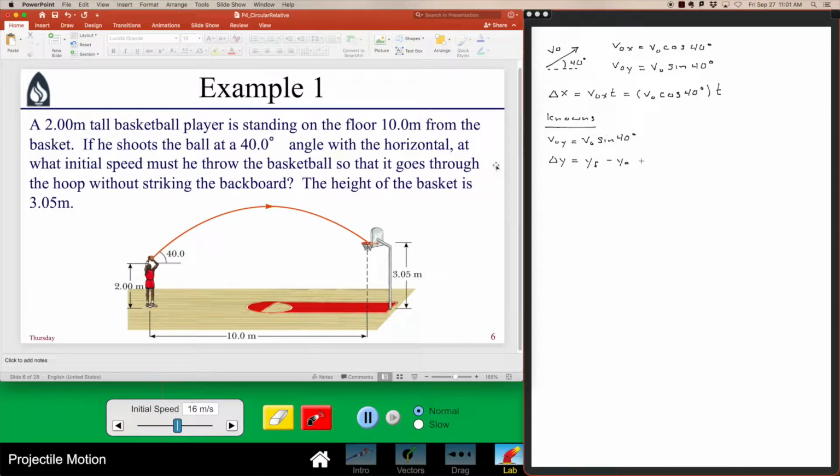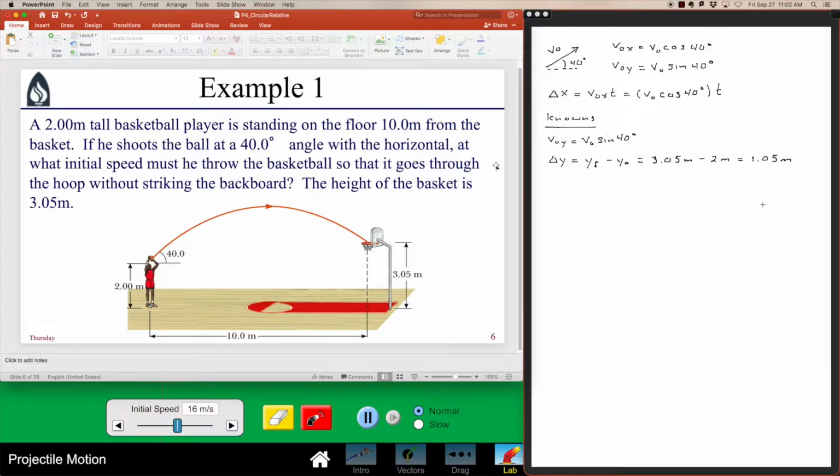In this case, the final height is 3.05 meters, and the initial height is 2 meters. So that means my delta y is going to be a positive 1.05 meters. Is there anything else that I know about the motion in the y direction? I think that's it for now.